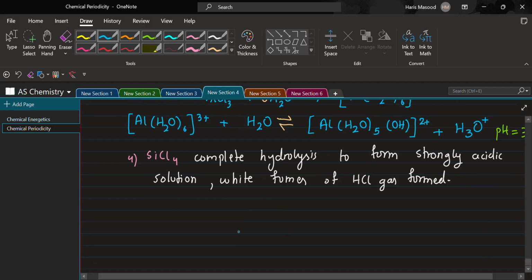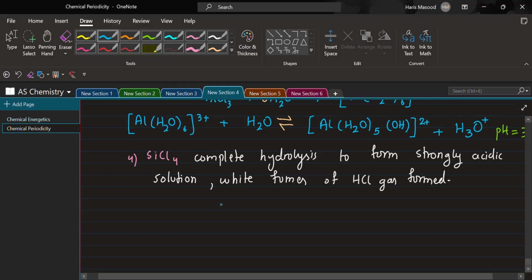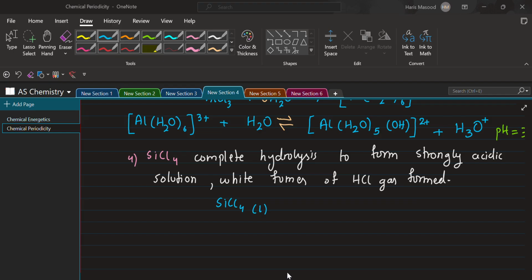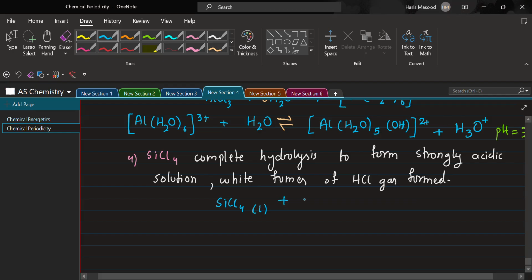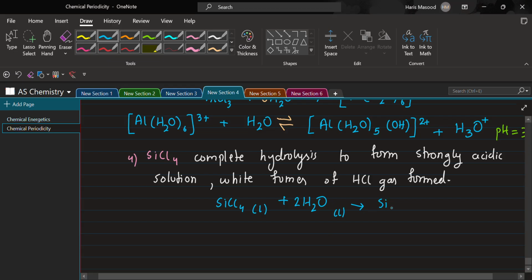Now the equation will be SiCl4, liquid, plus H2O, liquid, and it forms SiO2 and HCl.